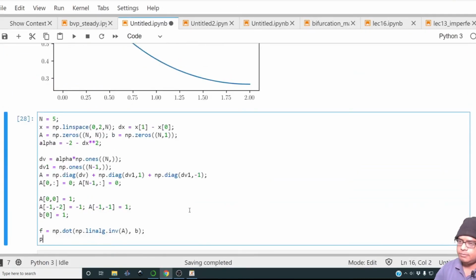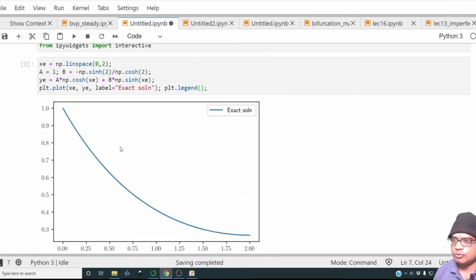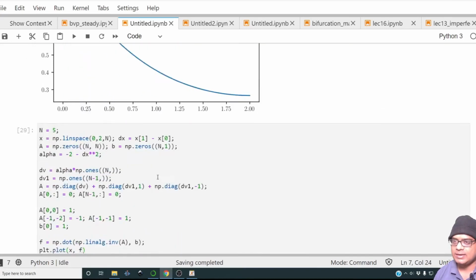So plt.plot(x, f). Well, let us try to superpose this with the earlier solution. What was it? xe and ye.